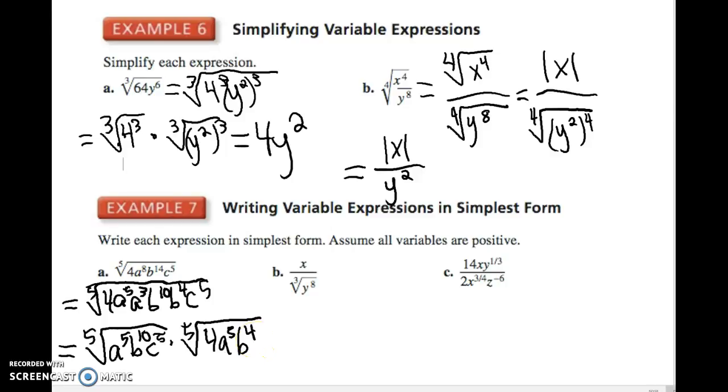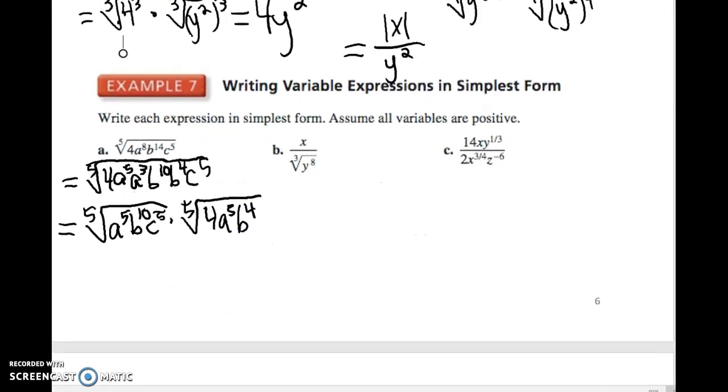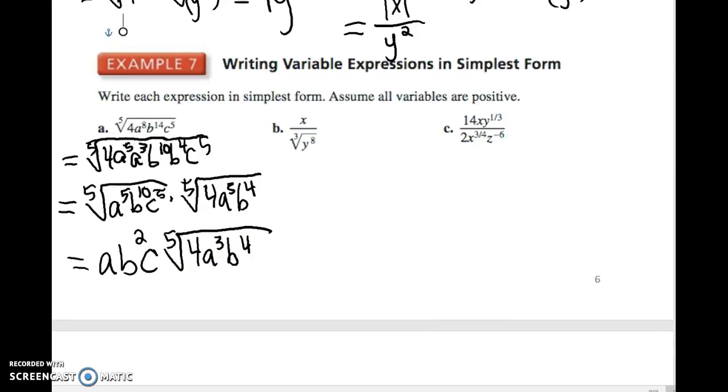I know I can simplify the first part, because the 5th root of a to the 5th is just a, the 5th root of b to the 10th is b squared, and then we have c, all times this quantity here: 4, a to the 3rd, b to the 4th. And there's our answer.